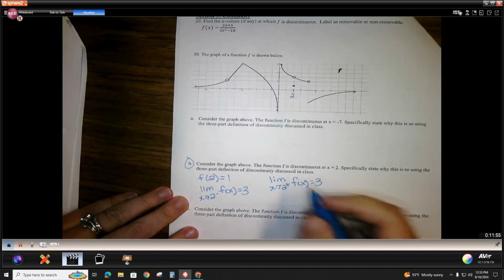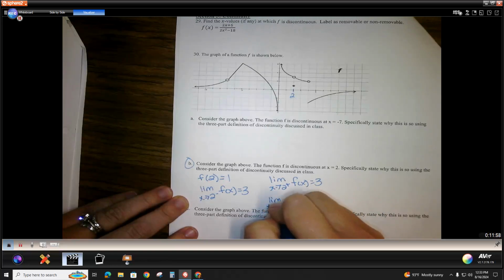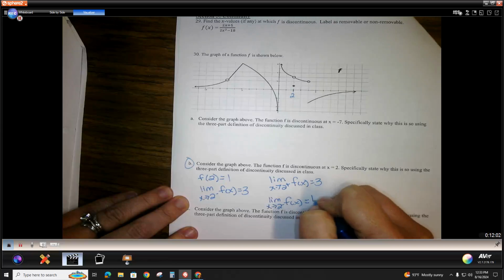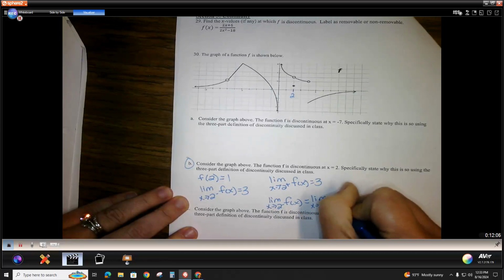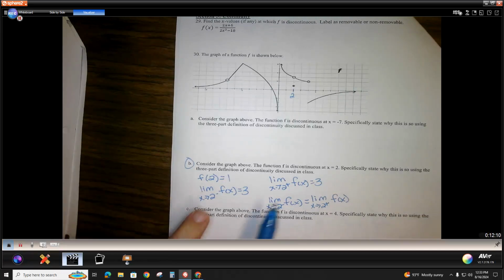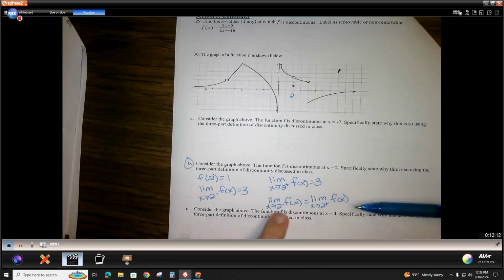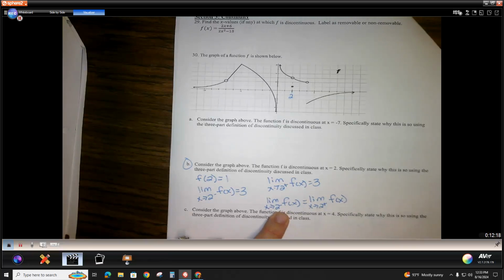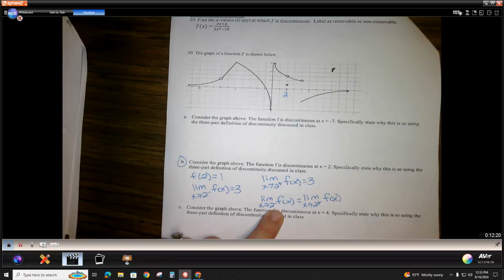Okay, so that's important. The limit as x approaches 2 from the left equals the limit as x approaches 2 from the right of f of x. So you don't have to write both of these out as long as you say they match. You definitely want to say that they match each other. The left and the right match, therefore we've now proven that the limit exists.